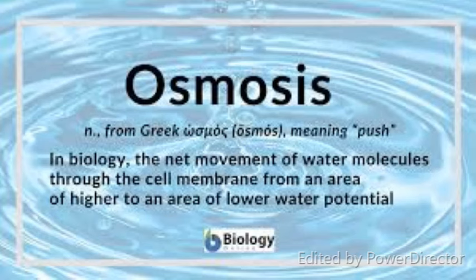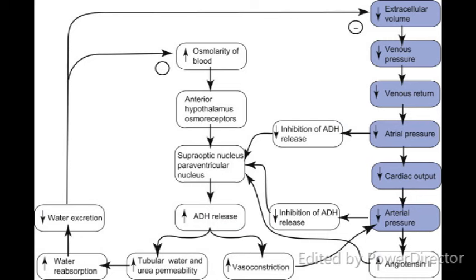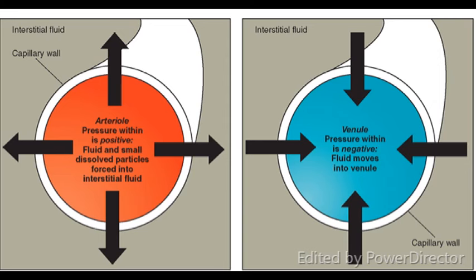Osmolarity is the pressure exerted by a solute in the presence of a semi-permeable membrane, which allows for free passage of water. This is determined by the sodium, chloride, and bicarbonate concentration I spoke of earlier. The optimum plasma osmolarity is 275 to 299 milliosmol per kilogram.